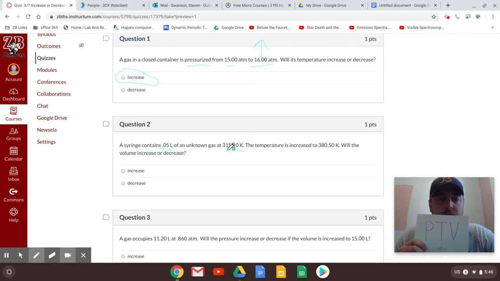And we have 315.10 K. The word temperature is used. So liters is going to be pressure, and temperature is clearly temperature. So what we need to do, actually, why did I say liters would be pressure? It would be volume.